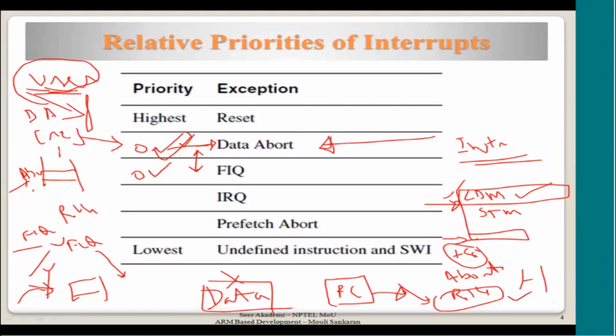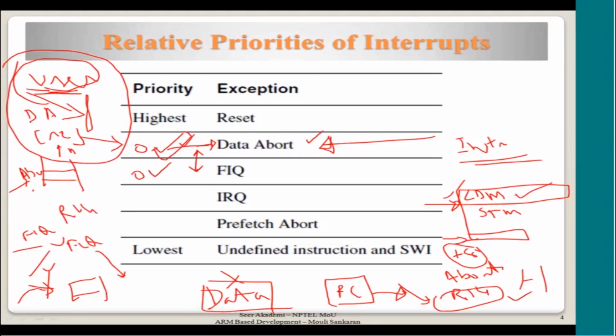Suppose the user has written some address here which is not in the memory, so it is causing an abort. So you can always defer addressing this problem, compared to executing the FAQ handler. So you have to have a complete picture of what is happening. Then only you will know what is the reason behind giving a higher priority to data abort.